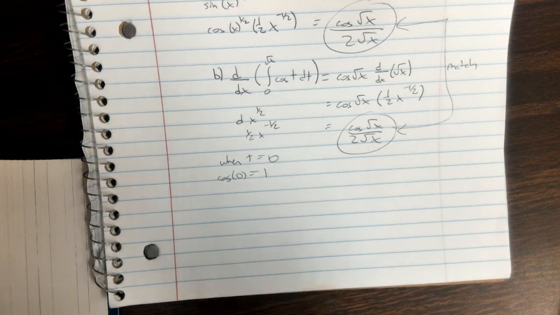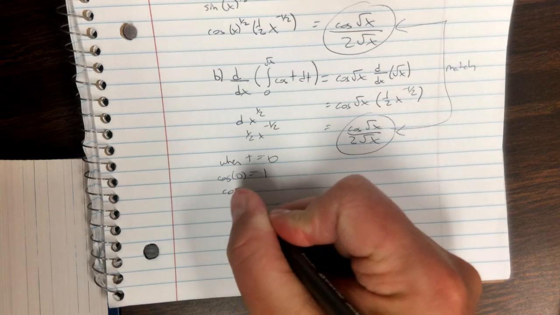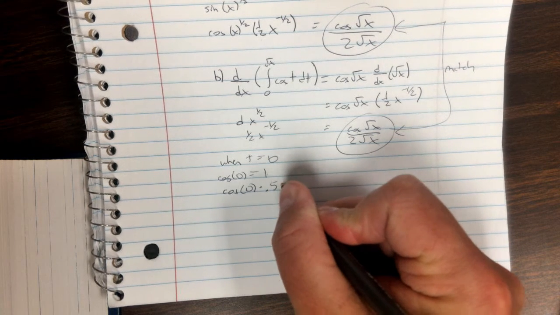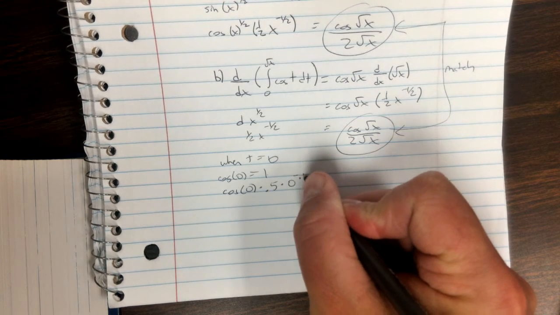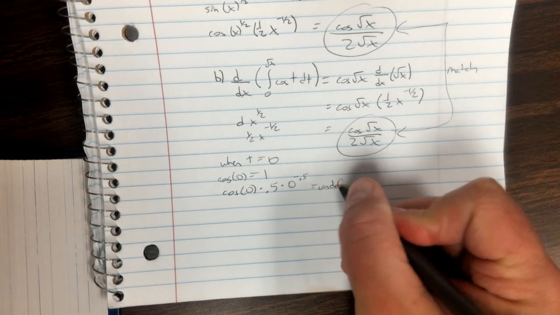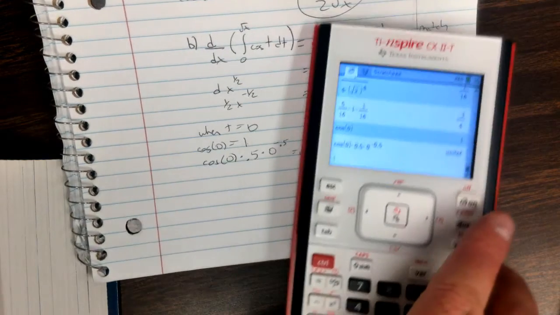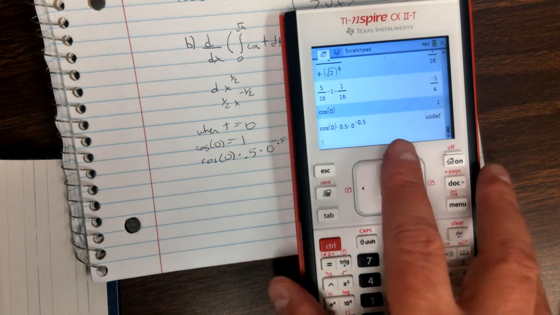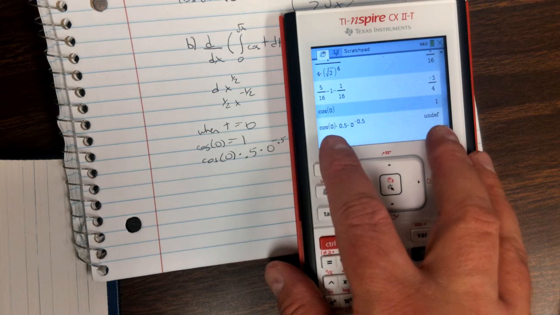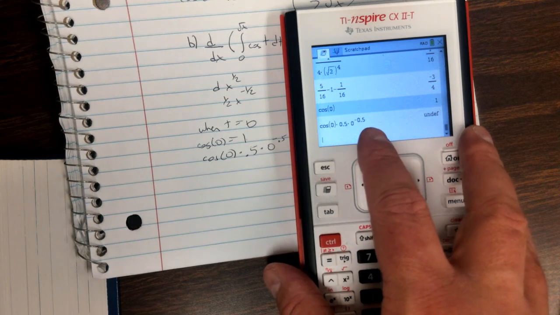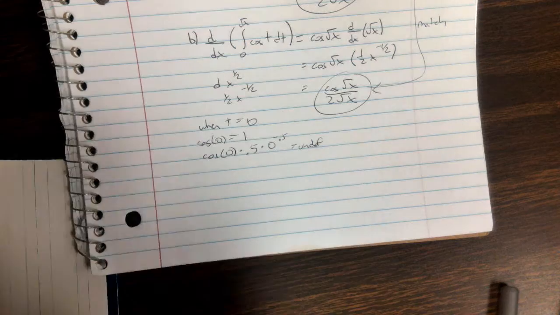But what happens is you do cosine of 0 times 0.5 times 0 to the negative 0.5, and that's undefined. So let me show you that. So when you do cosine of 0 times a half times 0 to the negative 0.5, that's undefined.